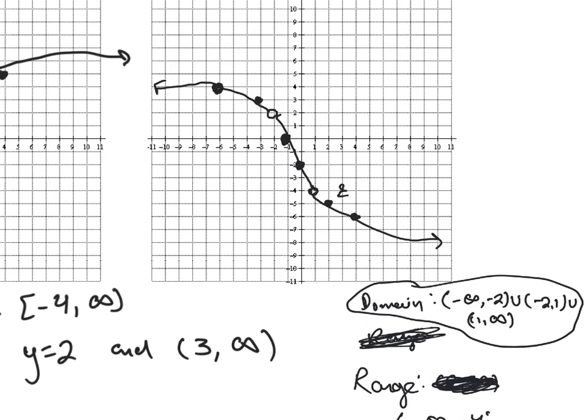And then we have -4 to 2, this interval right here. And then we have one more, 2 to infinity. So that is our domain and range for this piecewise function.